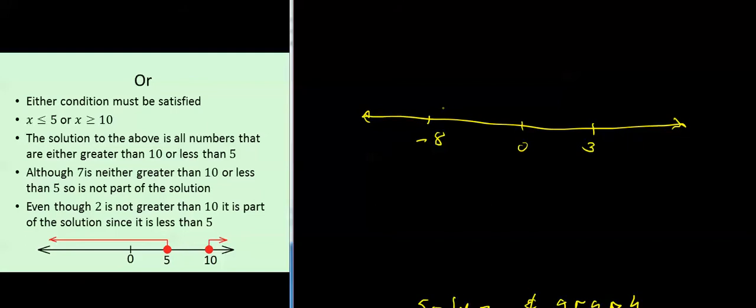So at -8, I have an open circle. At 3, I have a closed circle. And I'm going to use a different color just to make sure it stands out. Not a pretty graph, I'll be the first to admit that, but it works.